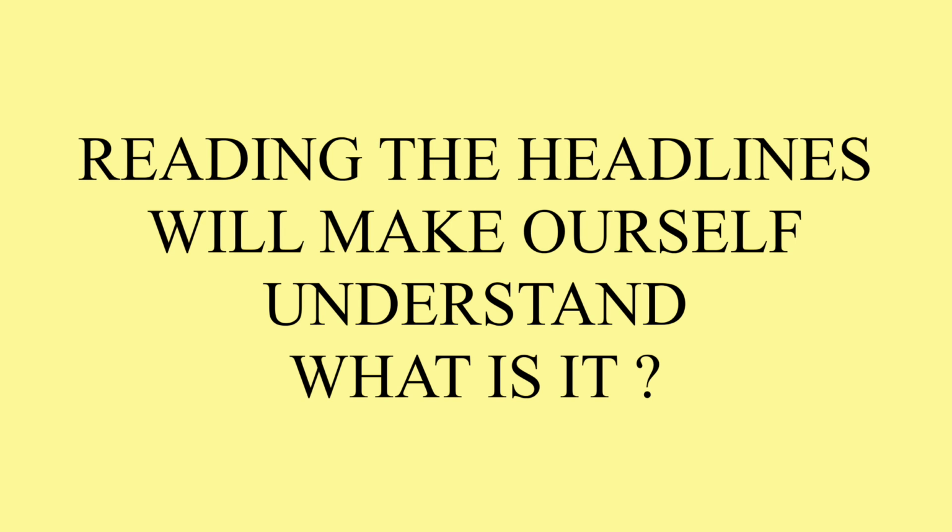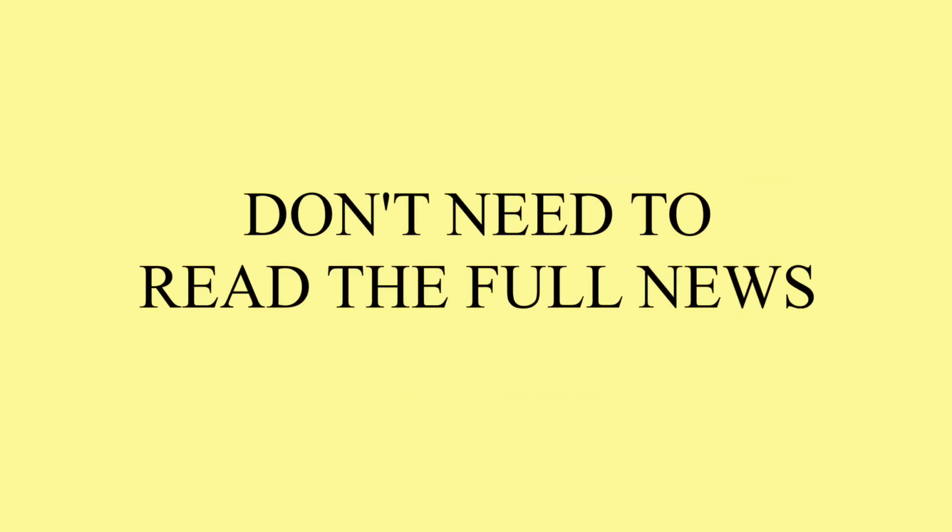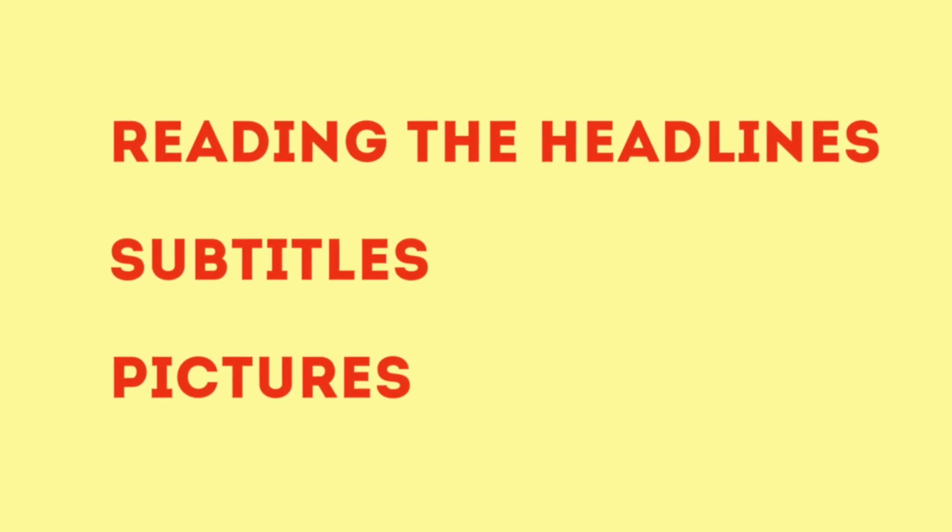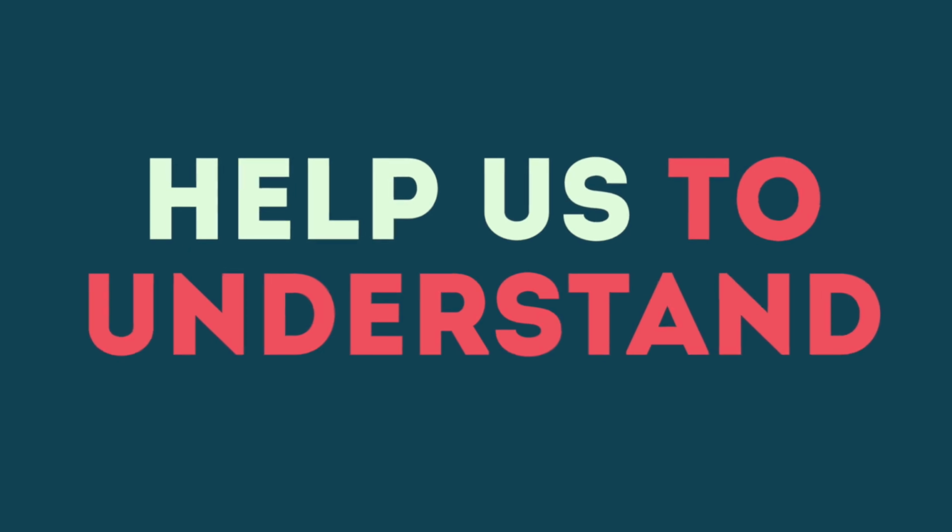So by reading the headlines, we can understand what the headline actually says, but we don't need to read the news given below. Reading the headline, subtitle and pictures helps us understand better.